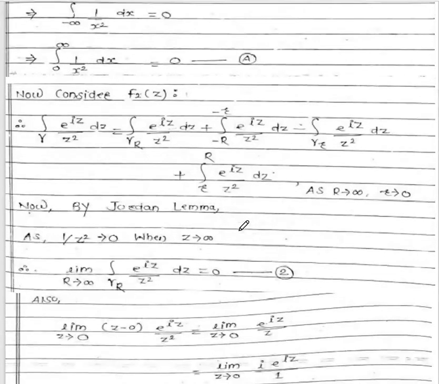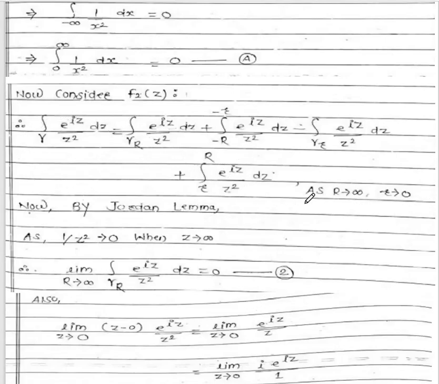Now consider the second function, that is f2 of z. This integral can be expanded in this manner: the integral over the contour gamma of e to the power iz dz upon z square can be written along gamma R, minus R to small r, gamma small r, and small r to capital R, where small r tends to 0 and capital R tends to infinity.